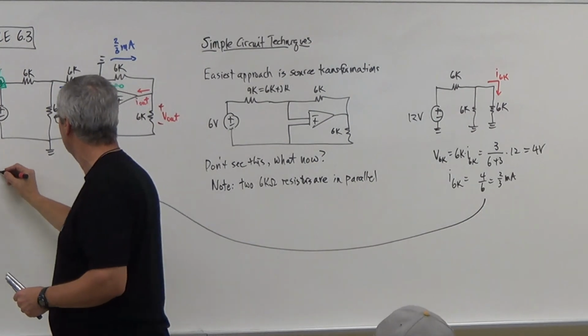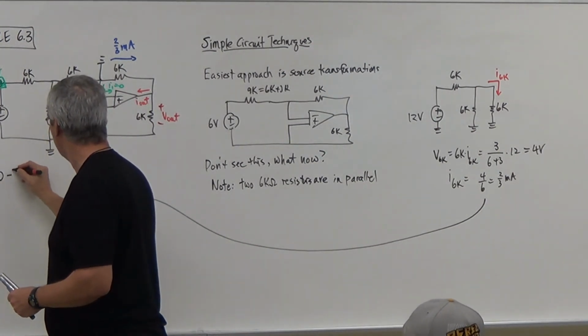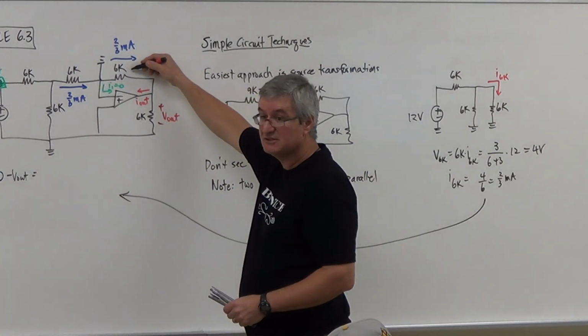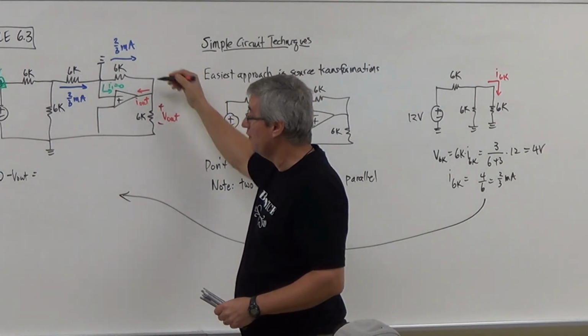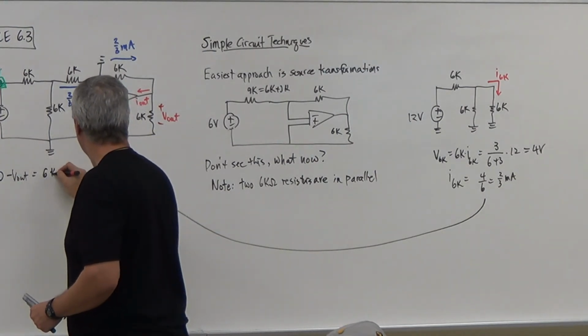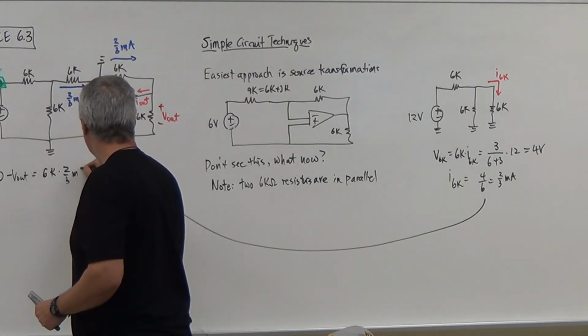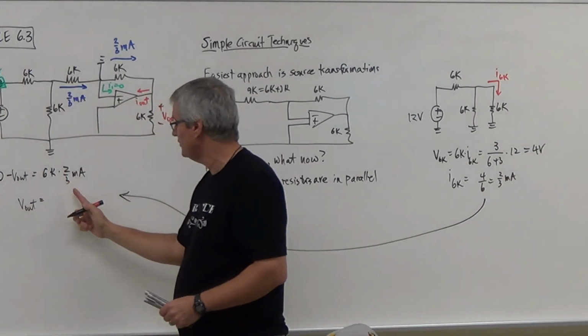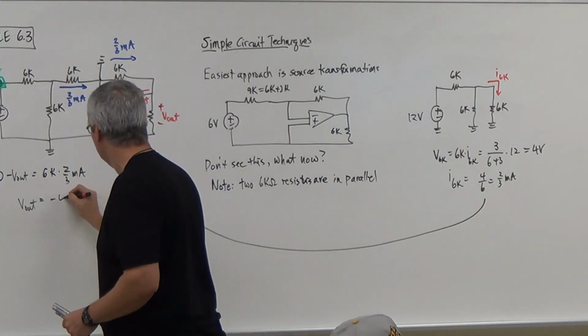So then it's what? 0 minus V out has to be what? 6K times the current here, so it's got to be 6K times 2/3 milliamps. So therefore, V out has to be 12 divided by 3. It's got to be negative 4 volts.